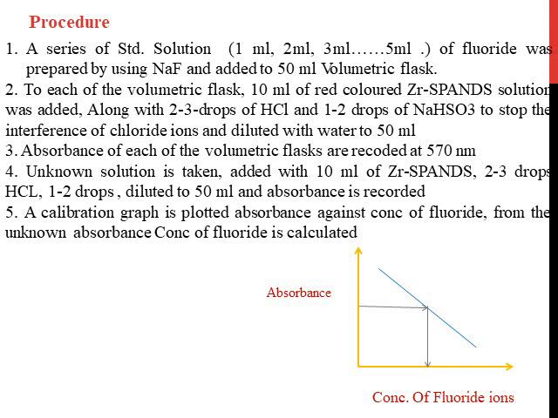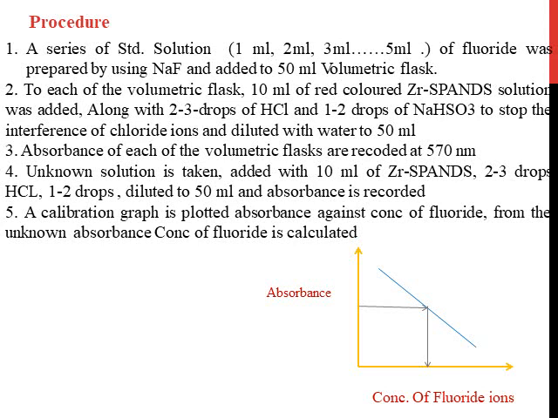From the absorbance, plot a line which will intersect the straight line of the standard solutions, and extend that line to the x-axis. At the x-axis, you will get the concentration of fluoride ions present in the test solution. So a calibration graph is plotted with absorbance against concentration of fluoride ions.